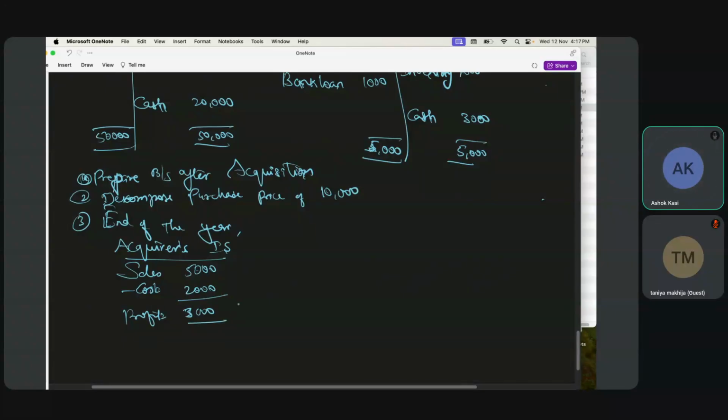Then the acquiree's income statement: sales 1,000.